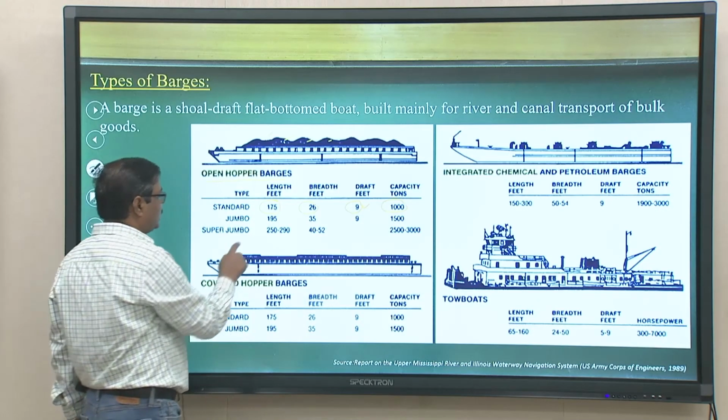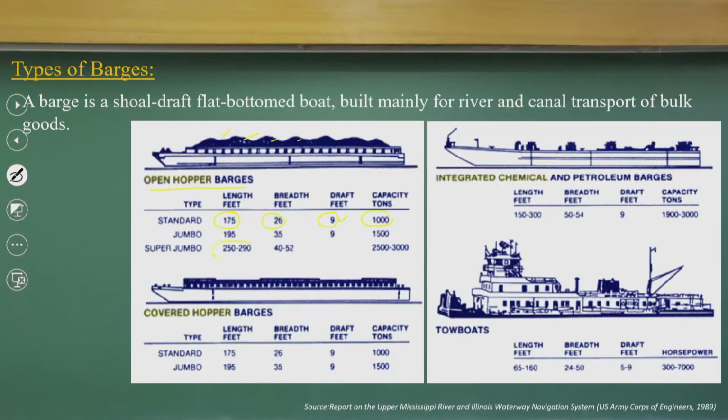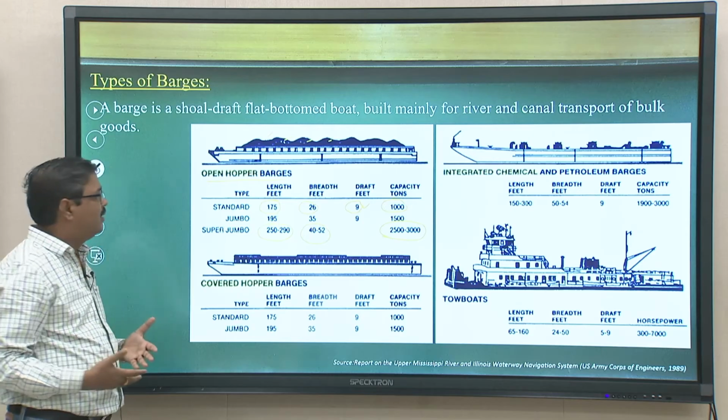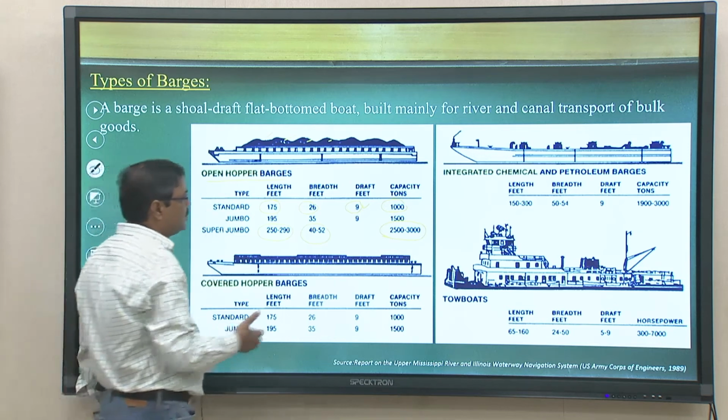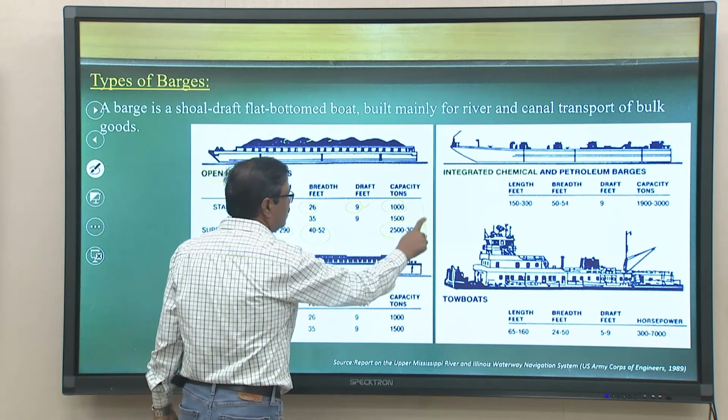In the same way, there is a super jumbo, with length of 250 to 290, more width or breadth of 40 to 90, and it can carry as much as 3000 tons. Okay. You can compare with a truck, which carries about 6 to 12 tons. So, you can compute how much goods we can carry in bulk with open hopper barges, which can carry from 1000 to 3000 tons.